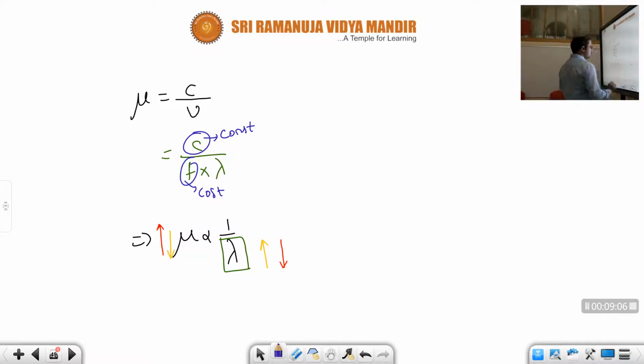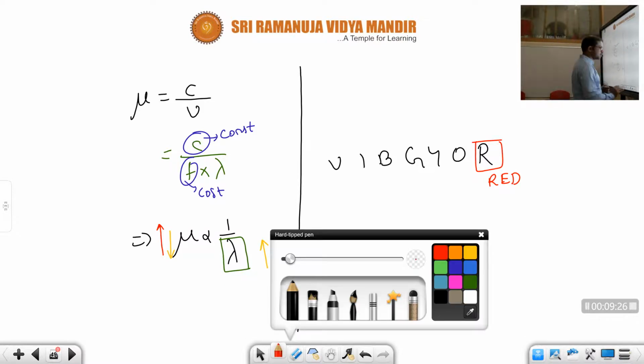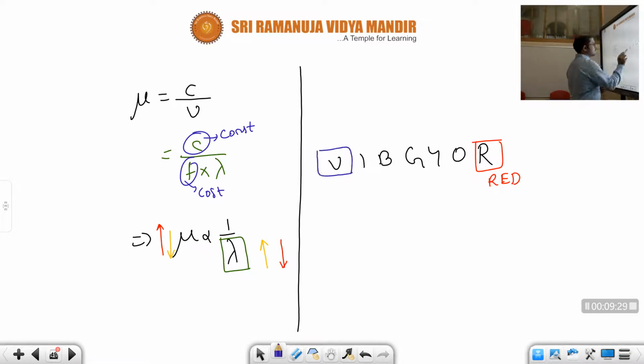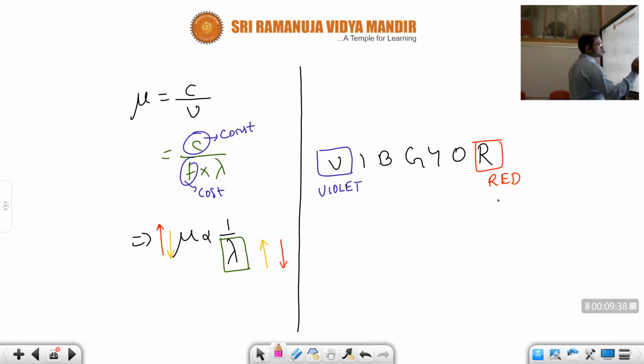So here we know the seven colors, VIBGYOR. Observe this one, red color, and this one violet. Red color has more wavelength compared to violet.